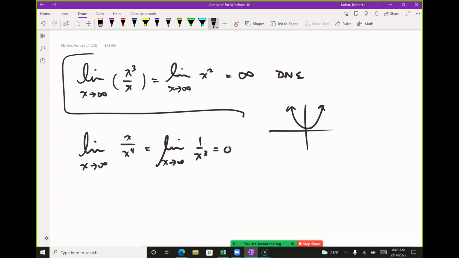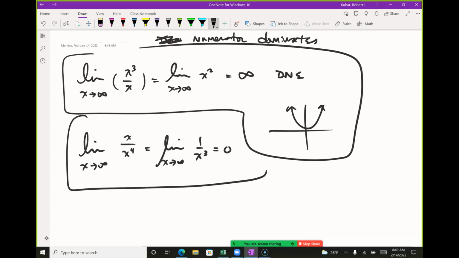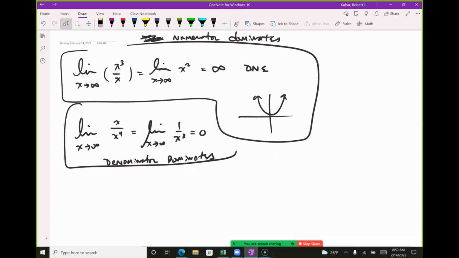Numerator dominates, this one, denominator dominates. Is that making sense at all? And then when we have the same power, we're going to get a ratio of the coefficients.